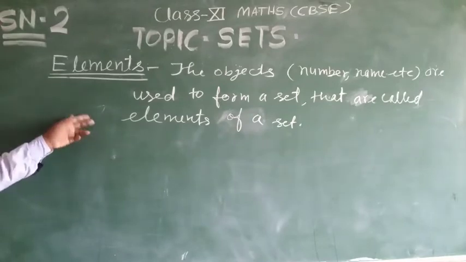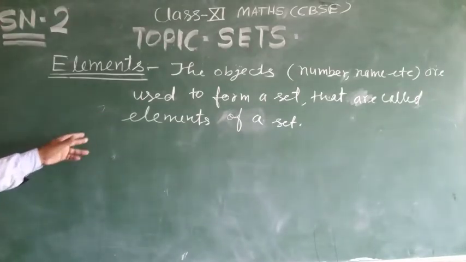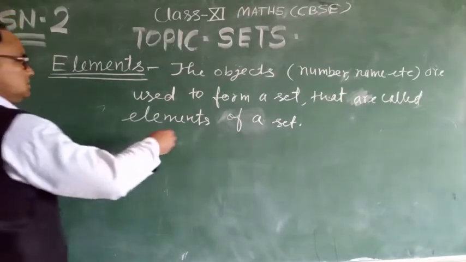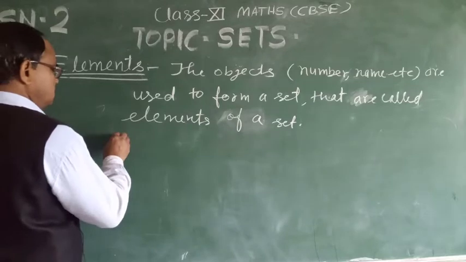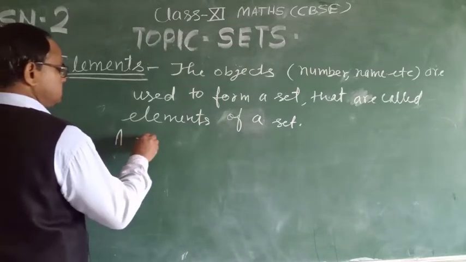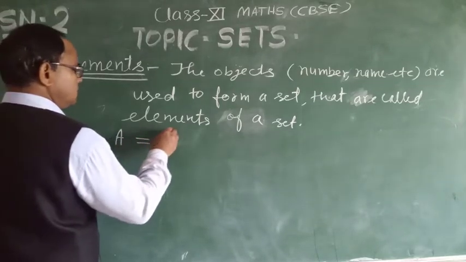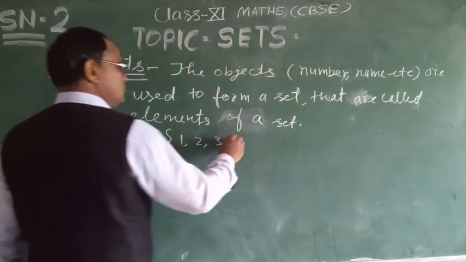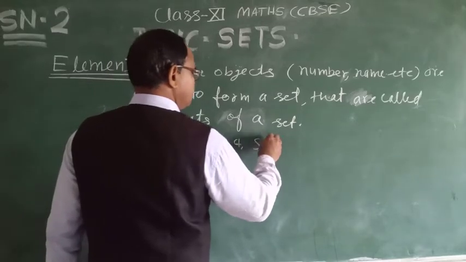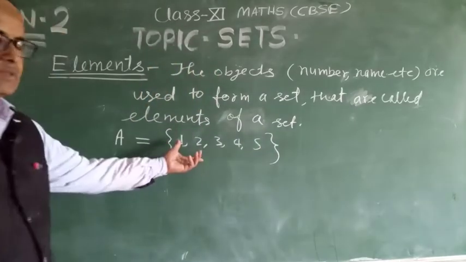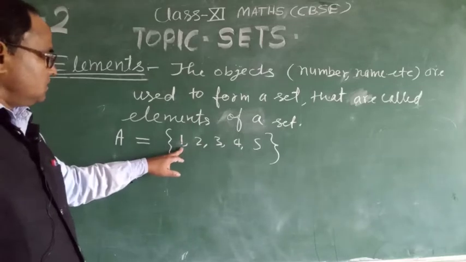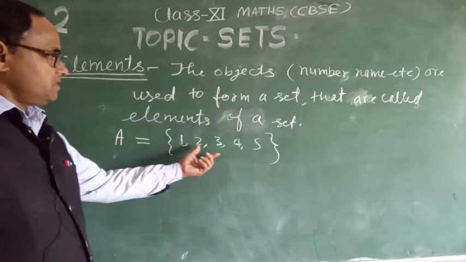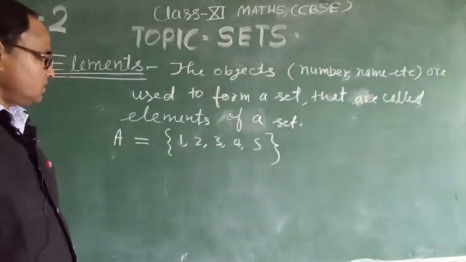A set is always written in a middle bracket, as here A is the set and 1, 2, 3, 4, 5 are the numbers. In this case, elements are separated with commas. Okay?